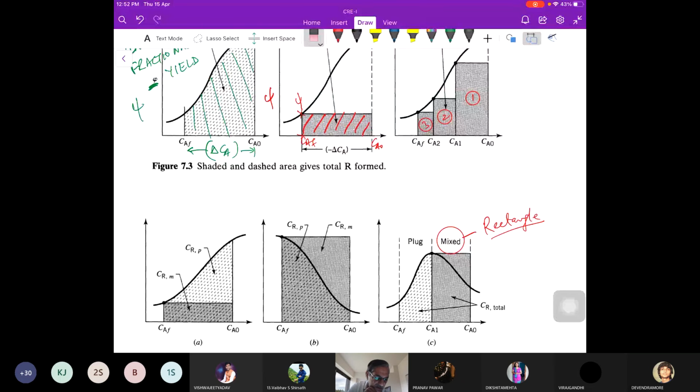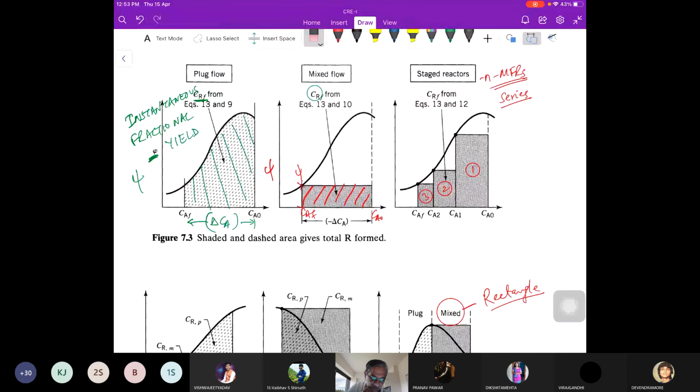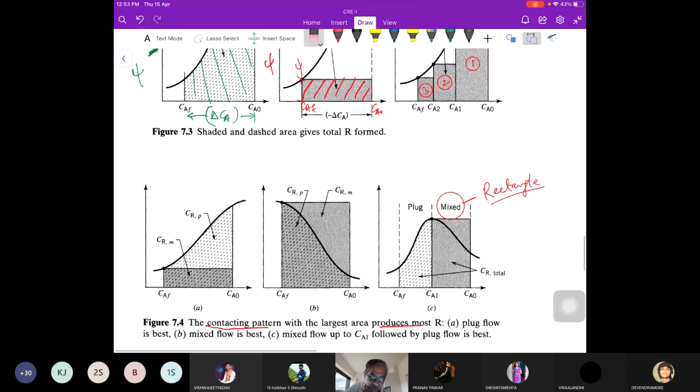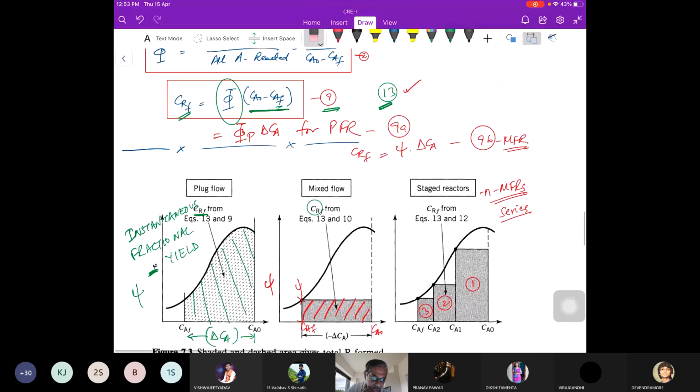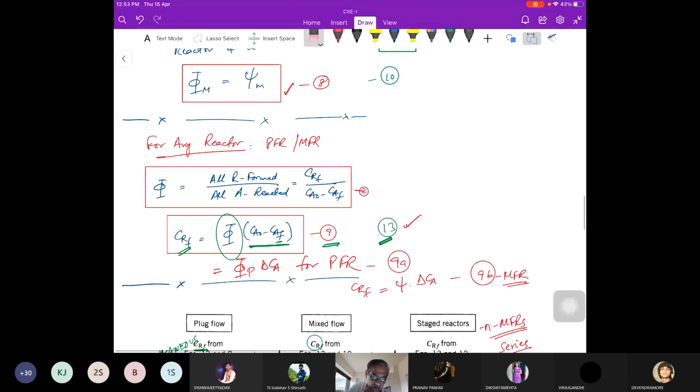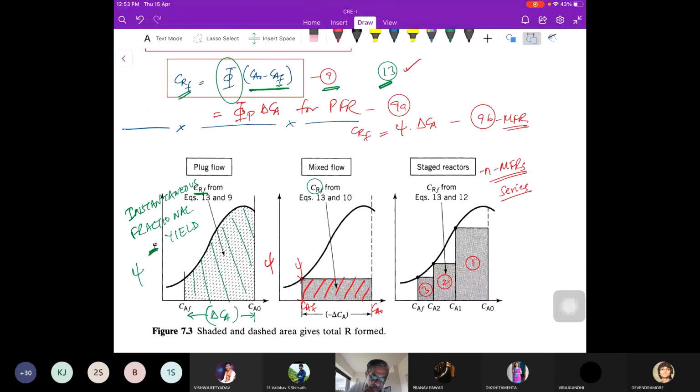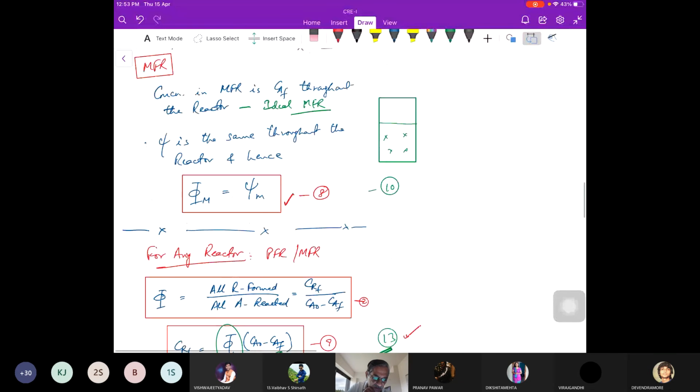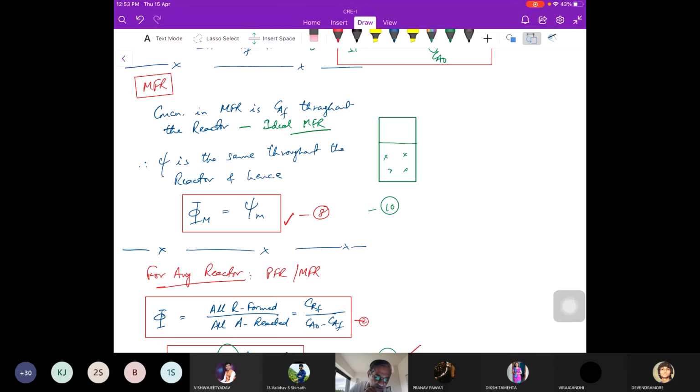Oh, because I copied it from the PDF, that is why it is not showing. Okay. Let's see. In the mixed flow reactor, always, if you take CA naught here, it immediately becomes CA.